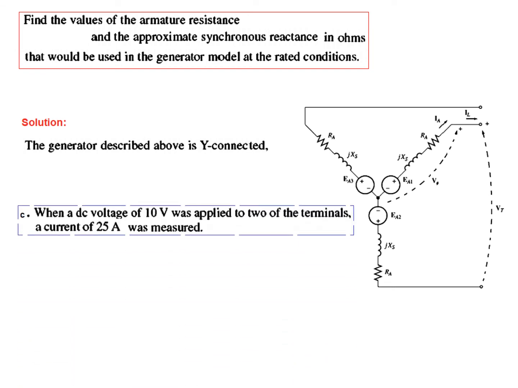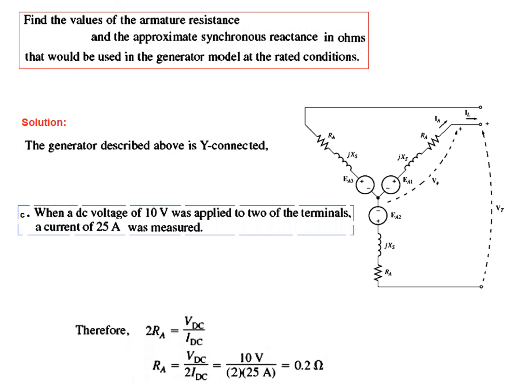So we first of all find part C, which is when a DC voltage of 10 volt was applied to the two terminals. Between this one terminal and the other terminal, a DC voltage of 10 volt was applied, and it was found that a current of 25 milliampere is flowing. So we have to find RA.